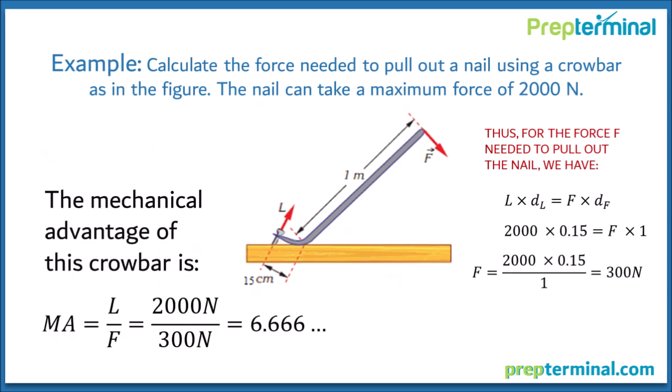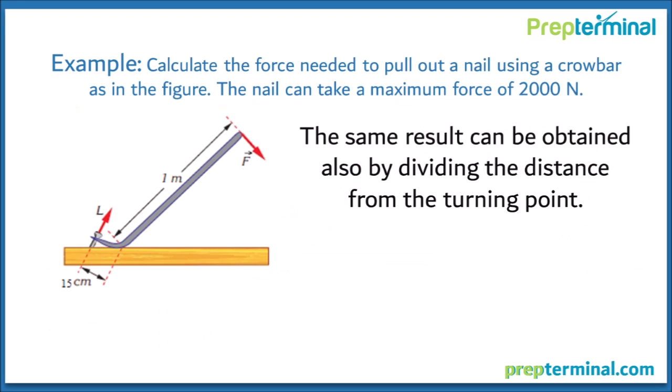The mechanical advantage of this crowbar is MA equals L divided by F, which equals 2000 newtons divided by 300 newtons, which equals 6.666. The same result can be obtained also by dividing the distances from the turning point.